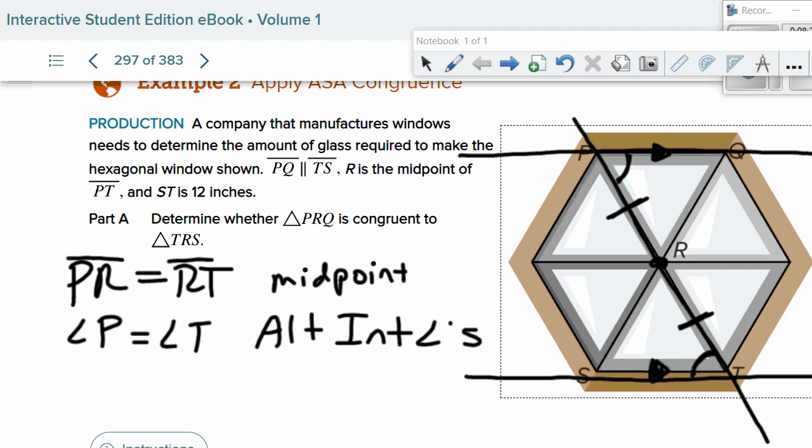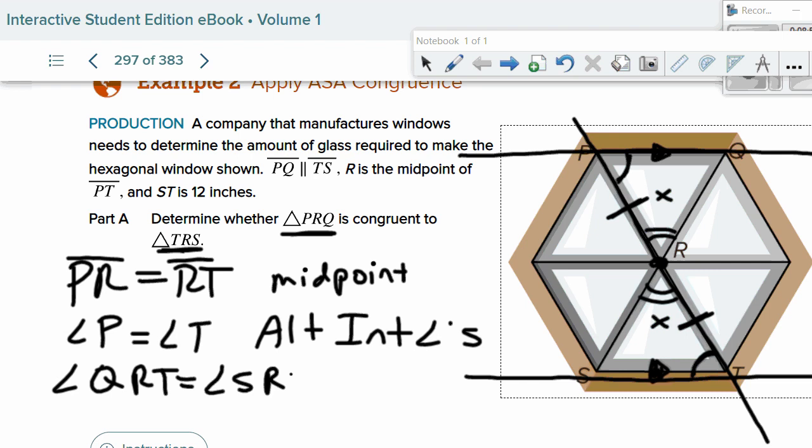Okay. And then looking at that, what we have to prove is that triangle PRQ and TRS are congruent. That's this triangle and that triangle. If you look at just those triangles, I think I have vertical angles right here. Okay. And so I could say here, got to be a little bit more precise, angle QRT is equal to angle SRT.